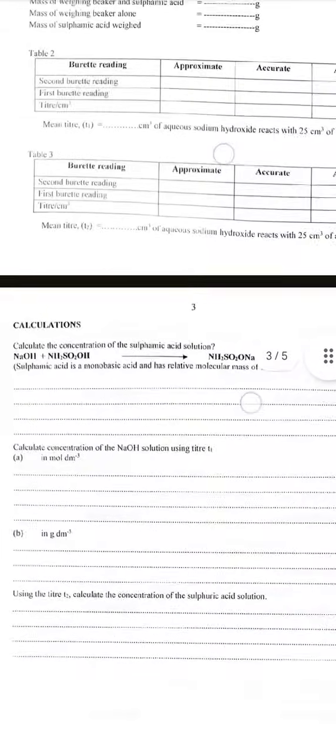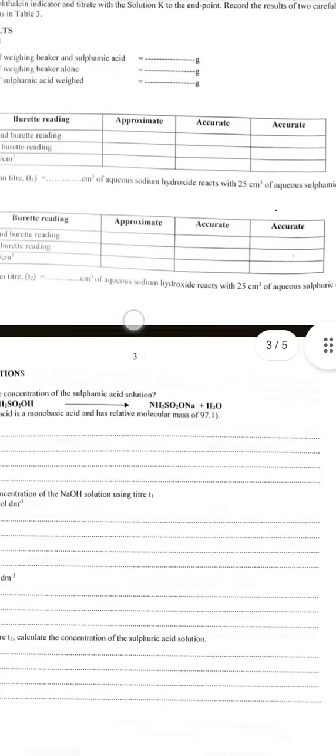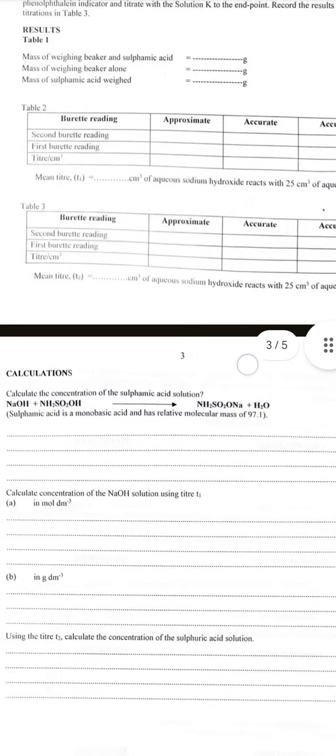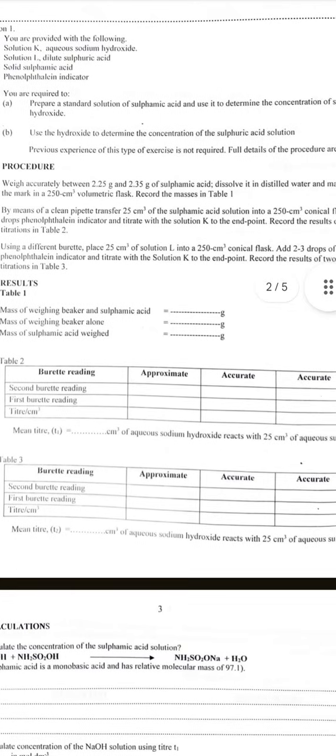Now, in table 2, we have the burette reading where you have the approximate and 2 accurate. According to instruction number 2, you need to use a clean pipette to transfer 25 cm cube of the standard solution you prepared into a 250 cm cube conical flask. You know how to pipette.